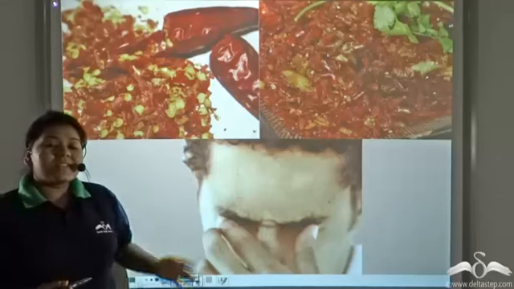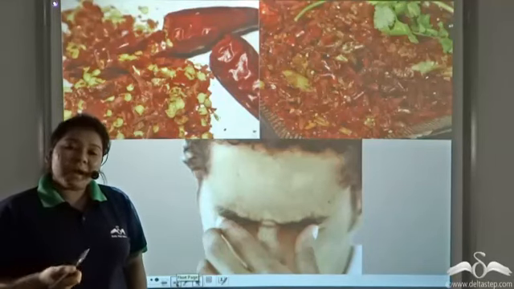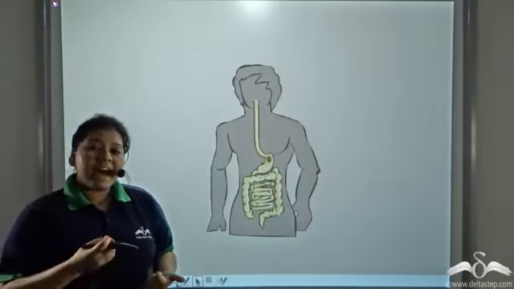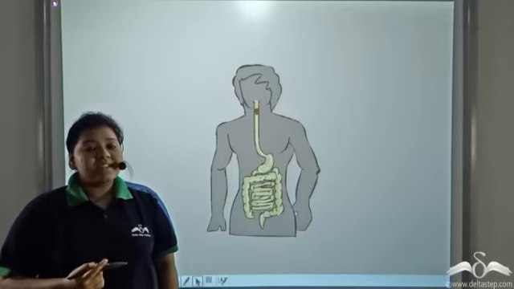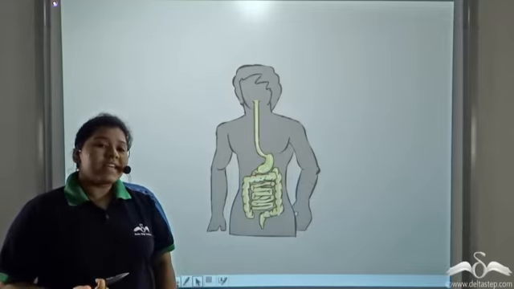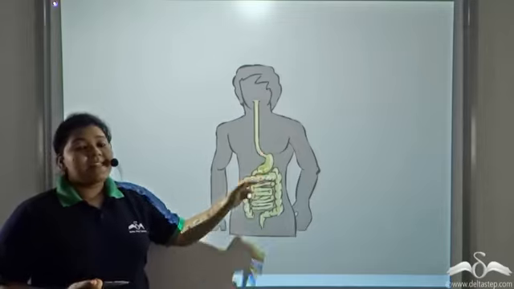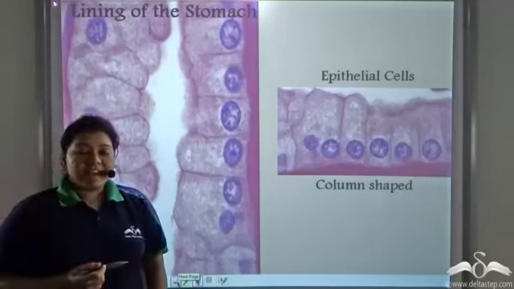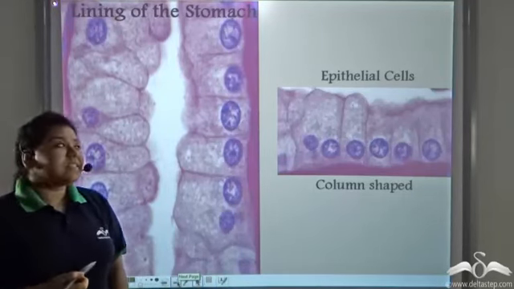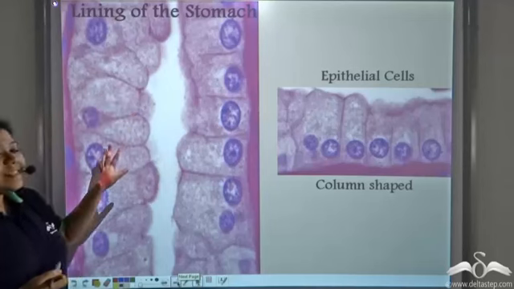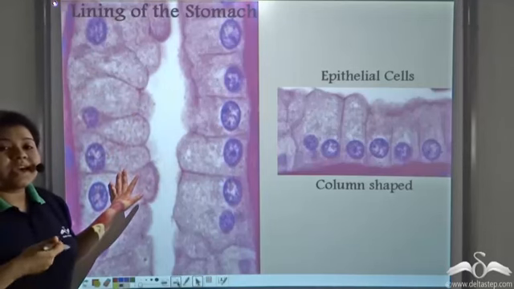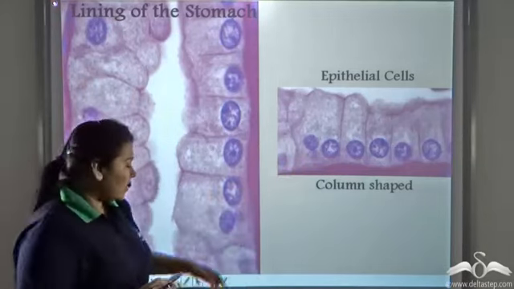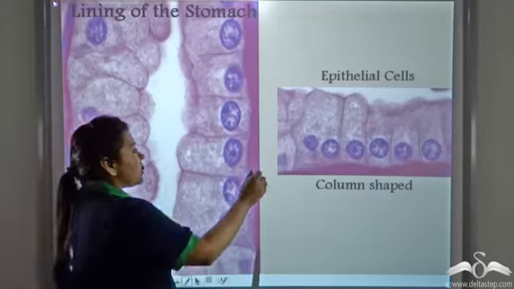Chili powder causes a very burning sensation in the mouth and in the eyes. But the same chili powder, when we have it in the food and ingest it, does not cause a burning sensation in the stomach. Well, how is this happening? This is because the lining of the stomach is made of epithelial cells, but not squamous epithelial cells. If you look at the structure of these cells, you will see that they have a column shape.